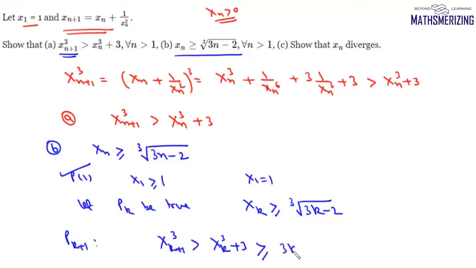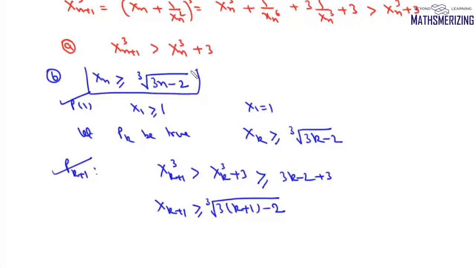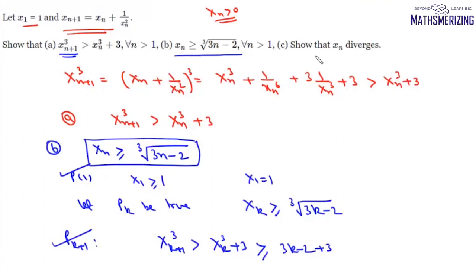So we can write this as 3k minus 2 plus 3. So from here we can write xk plus 1 will be greater than or equal to 3k plus 1 minus 2 whole cube root. That means pk plus 1 is true. So from induction we can say that xn will always be greater than or equal to cube root of 3n minus 2.